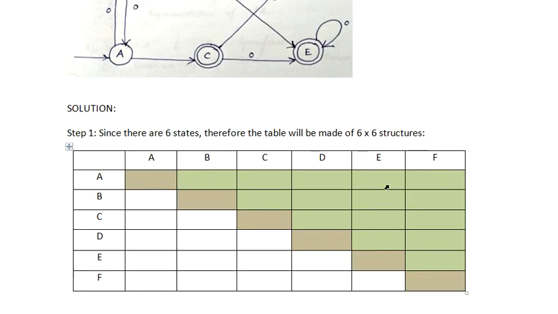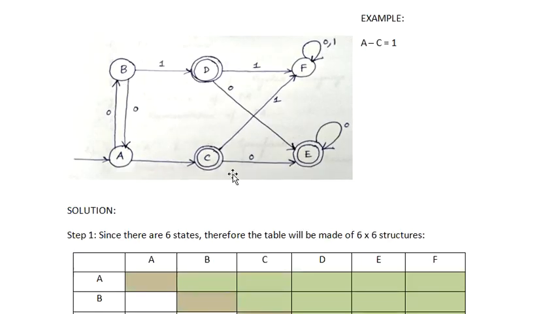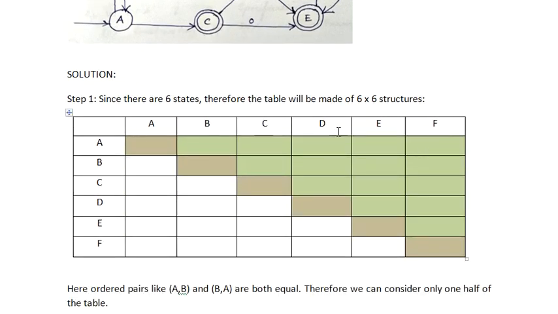A, B, C, D, E, F are the states that I have mentioned. Now if you check this structure, the pairs like AB and BA, I'm taking an example, are both equal. Whether you do it from AB or from BA, the pairs are equal, right?